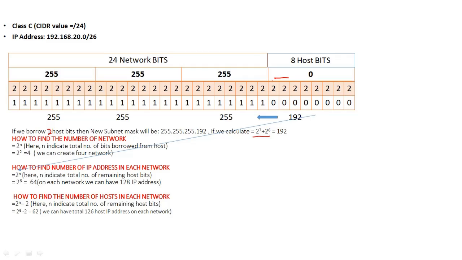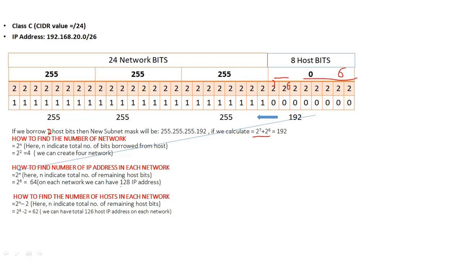The value for the first is 2 to the power 7, and then this one is 2 to the power 6. The number of networks is 2 to the power n, where n indicates the total number of bits borrowed from the host, which is 2. So 2 to the power 2 equal to 4. Now the number of IP addresses in each network is 2 to the power n. This time n indicates the total number of remaining host bits, which is 6, because 2 we already sent to the network bits. According to the calculation, 2 to the power 6 equal to 64.